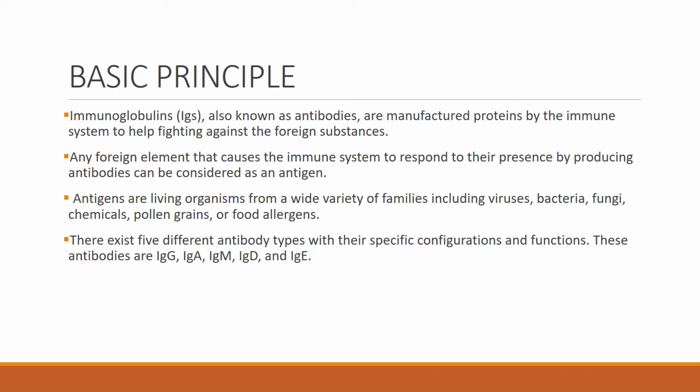Antigens are living organisms from a variety of families including viruses, bacteria, fungi, chemicals, pollen grains, or even food allergens. There exist 5 different antibody types with their specific configuration and functions. These antibodies are IgG, IgA, IgM, IgD, and IgE. Now that we know what an antibody and antigen are, we will go deeper into their principles.